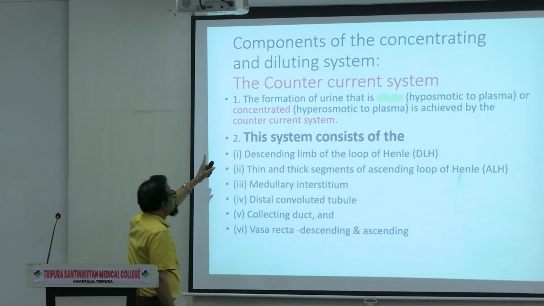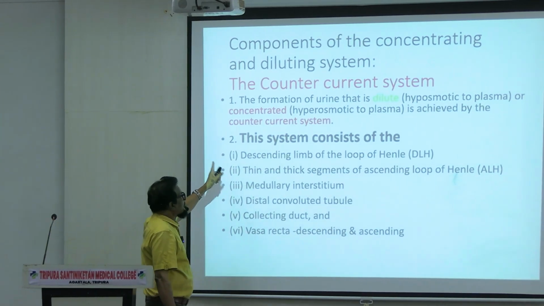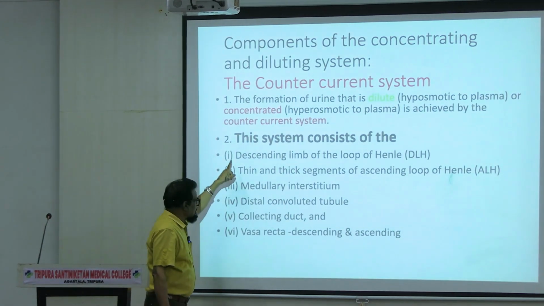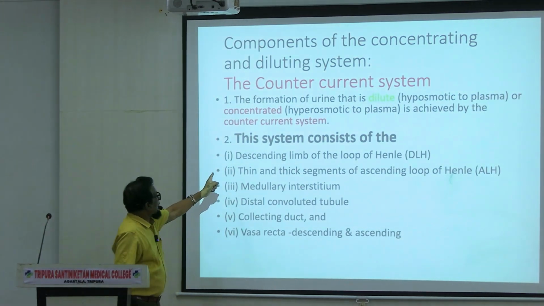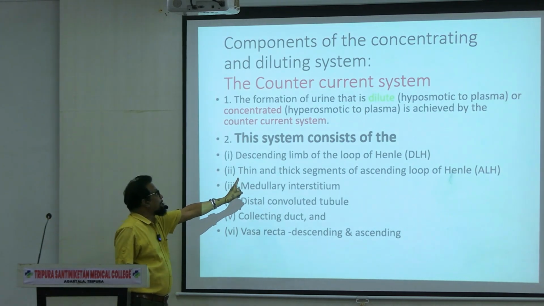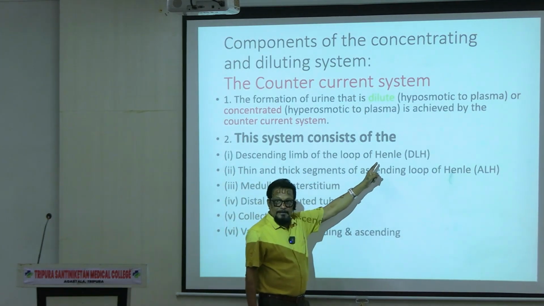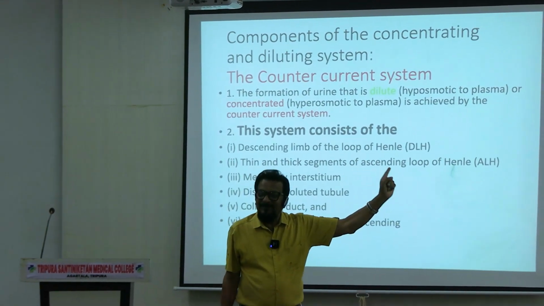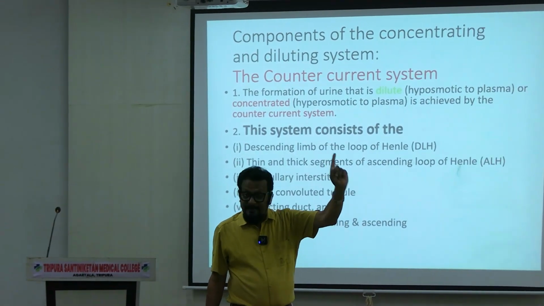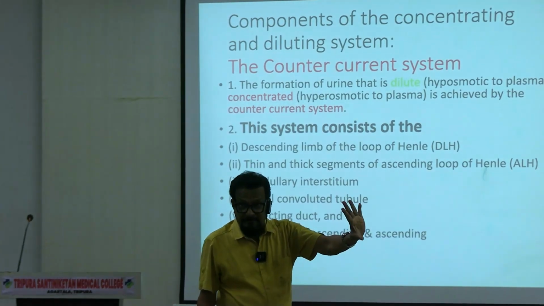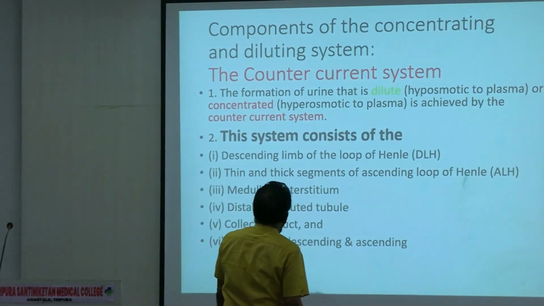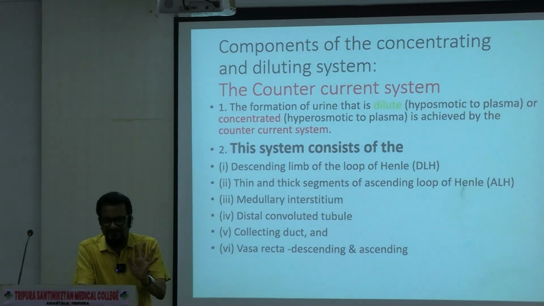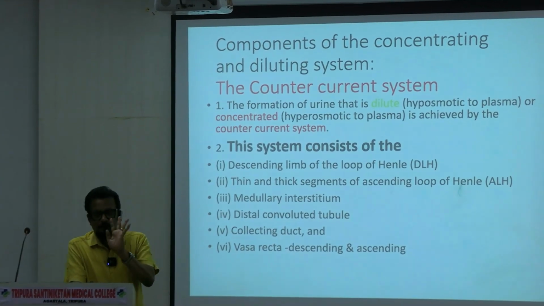And this countercurrent system, the total system, will include these things. What are these? The descending limb of the loop of Henle of which nephron? Juxtamedullary nephron. Okay, not cortical. Cortical nephrons don't produce vasa recta.